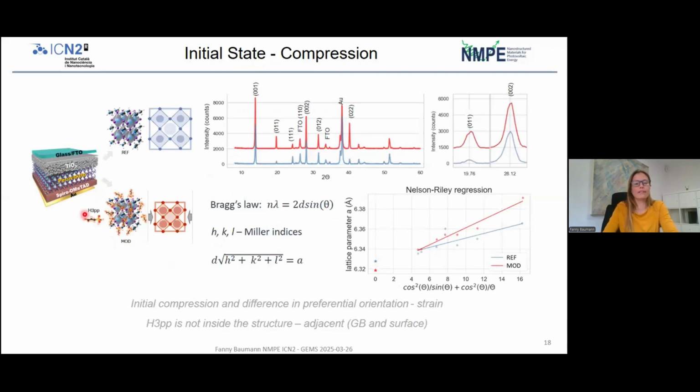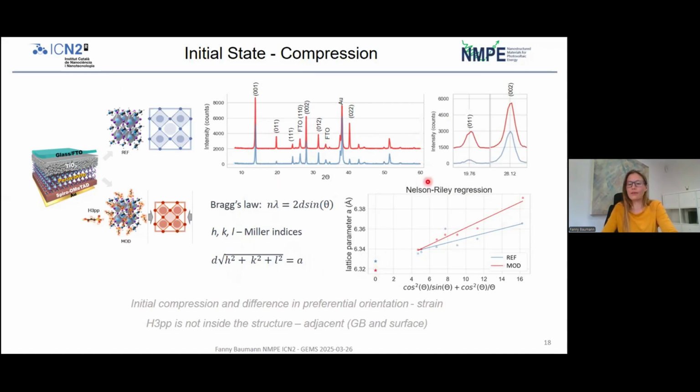When we investigated our devices that had incorporated the additive, we saw that there's a slight compression of the perovskite when we have the additive. Our calculations were made quite straightforward through Bragg's law, and with Miller indices we could calculate the a value, and then we can do this Nelson-Riley regression, which gives us a more accurate value of the lattice parameter a.